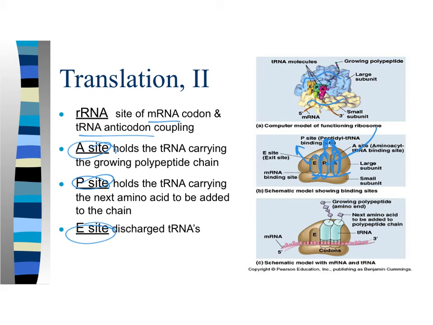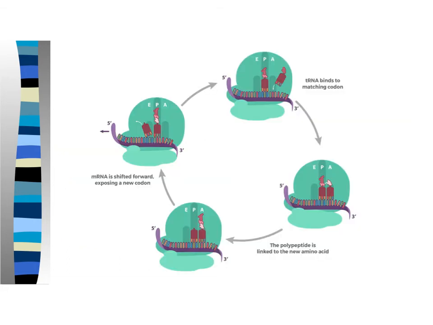You can visualize that here. It does a better job of diagramming this process. Here at our P site, we've got a tRNA that is next to this tRNA. This second tRNA binds to a matching codon. In the second picture, you can see this set of amino acids is going to hook onto the amino acid in our A site.